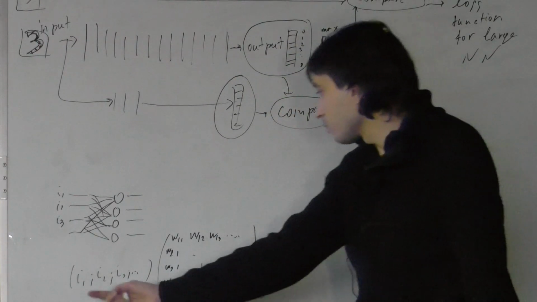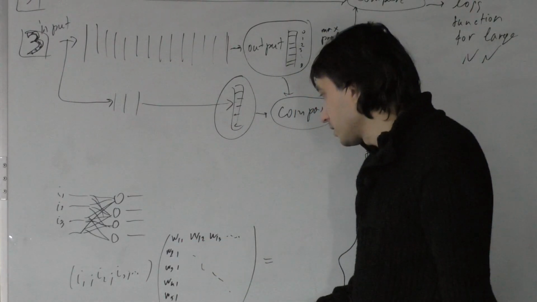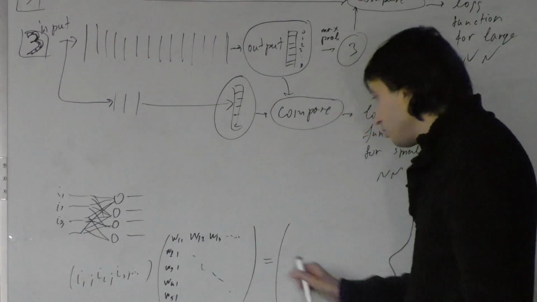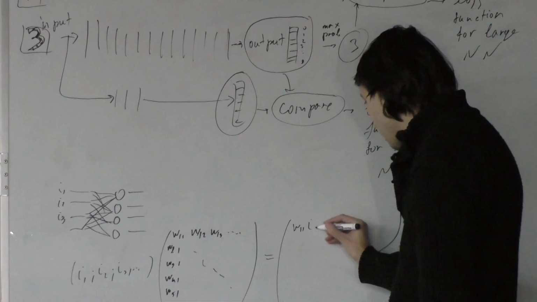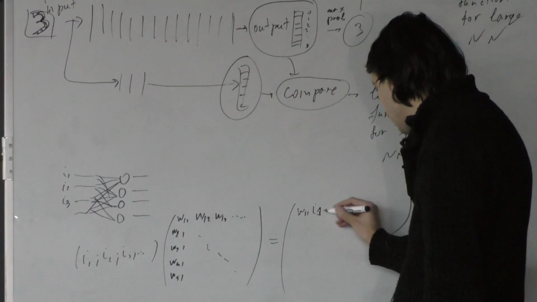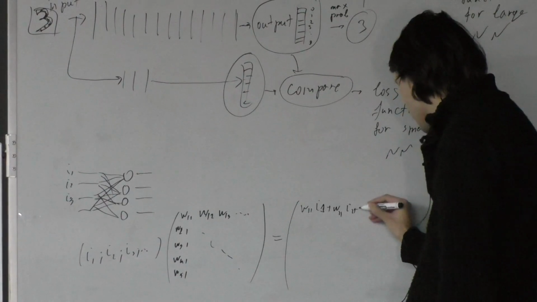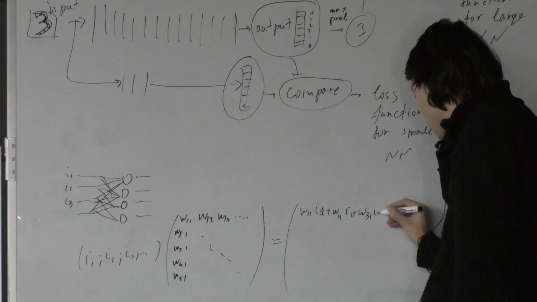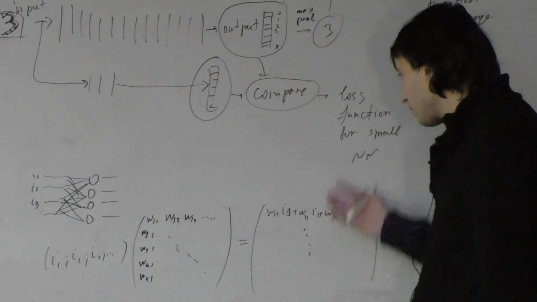So what do I have here? When I multiply these numbers with this matrix, I get a new vector that will contain something like W11 I1 plus W21 I2 plus W31 I3 and so on, and I will get the whole vector.